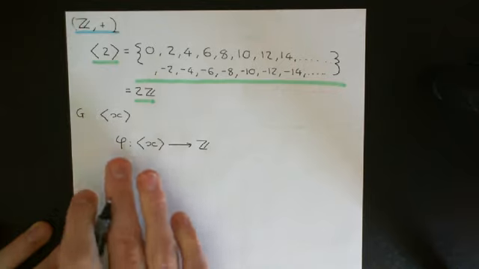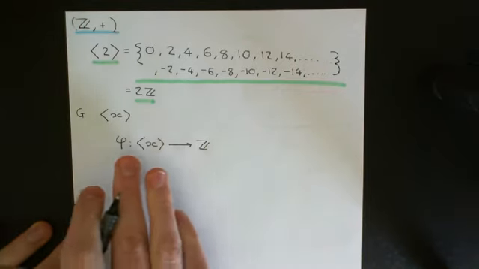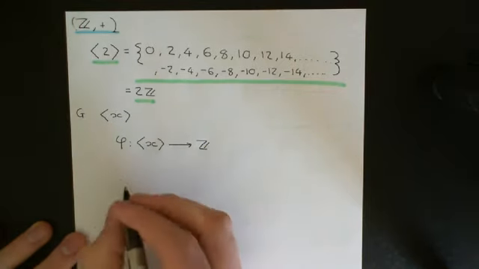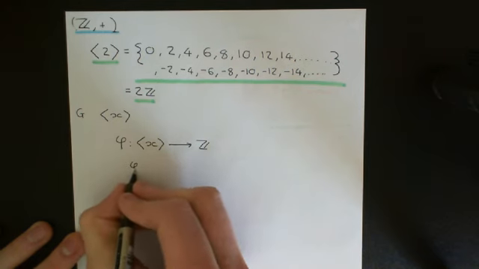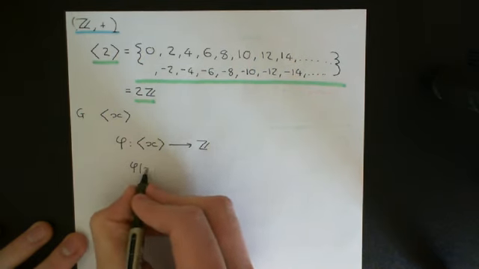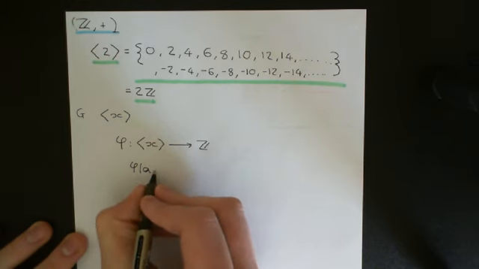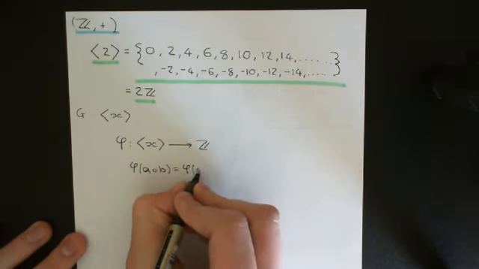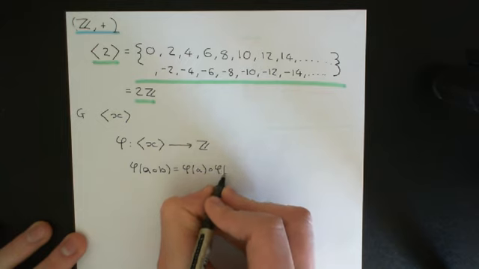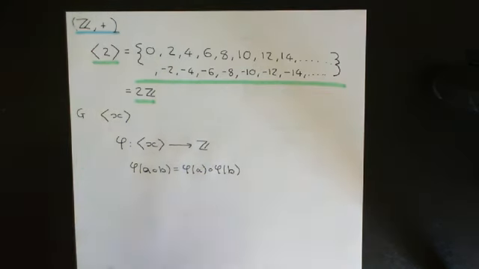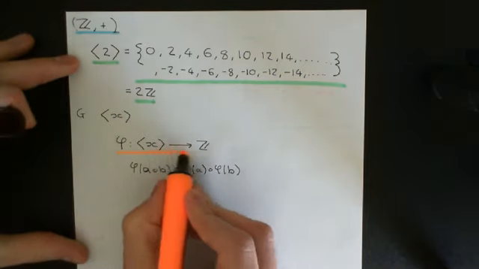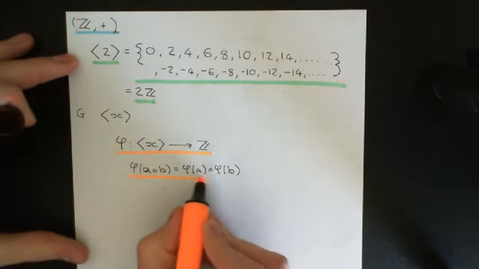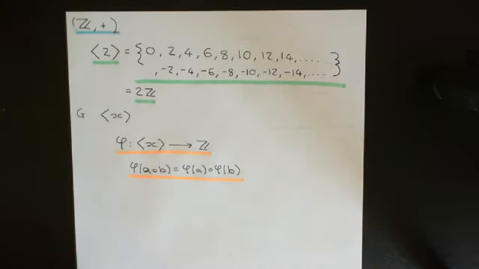This needs to be a bijective map, so it needs to be one to one and onto, and it also needs to obey the property of isomorphisms, that phi of a composed with b is equal to phi of a composed with phi of b. I shouldn't use the symbol x, so I'll use the symbols little a and little b. If we find such an isomorphism, then we can prove that the infinite cyclic subgroup is always isomorphic to the infinite cyclic group.